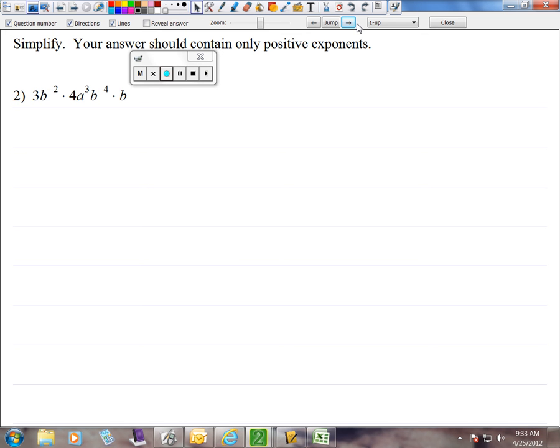Now there's different approaches. As long as you use your exponential properties correctly, you can start the problem different ways. I know the first thing I would do to make it easy, I would do this property.